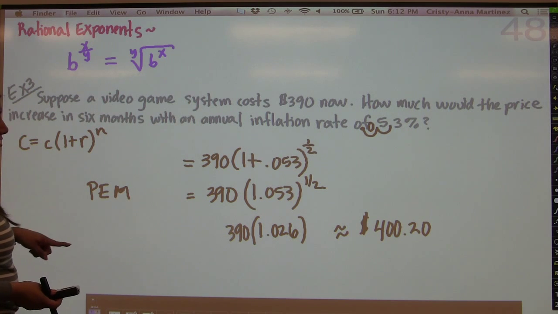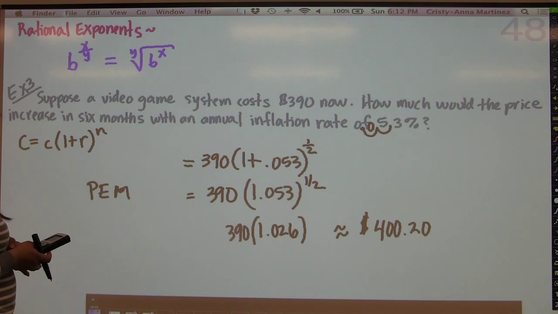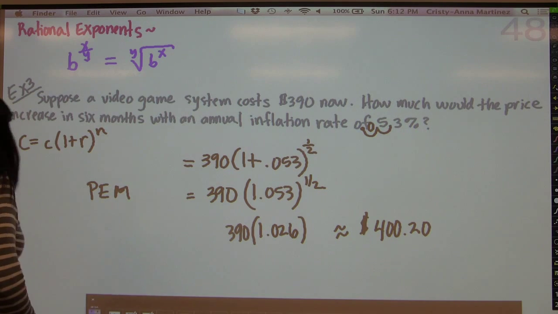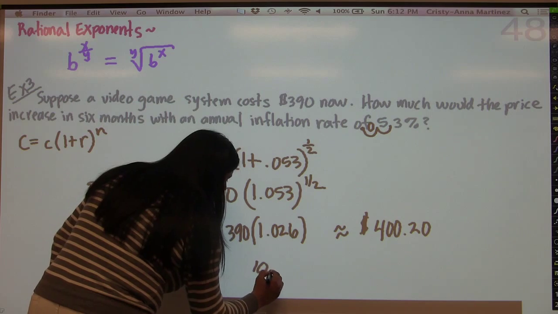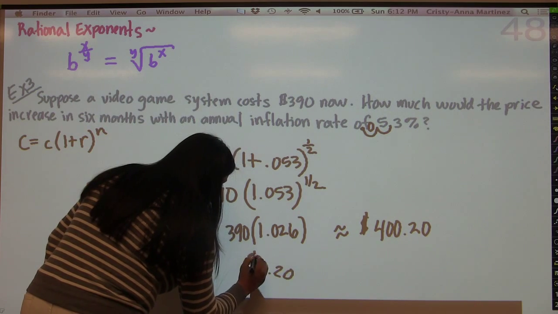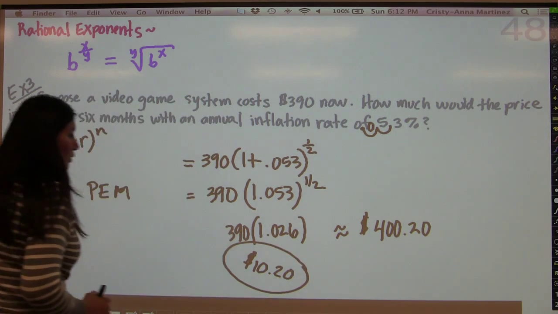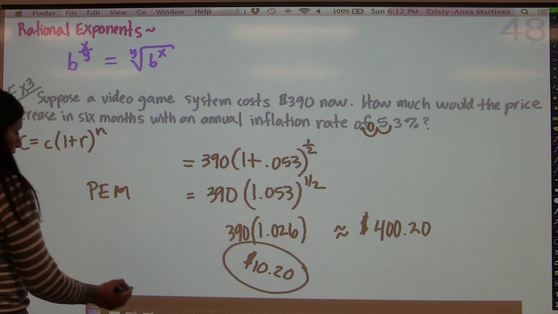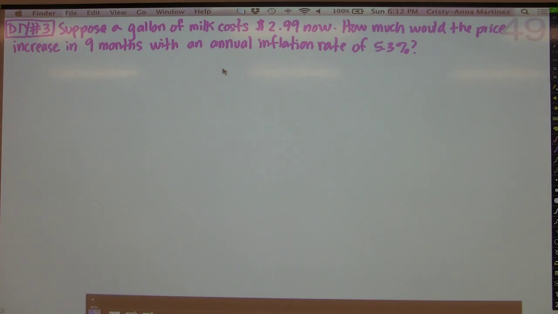So if the price was $390, we want to take 400.20 and subtract the 390 that it was, and it increased $10.20. So $10.20 is how much the price increased. Make sure that you answer the right question. All right, so then that is your do-it-yourself number 3.